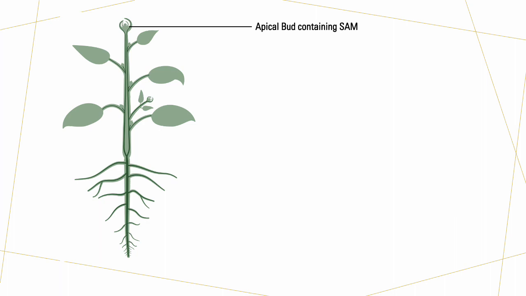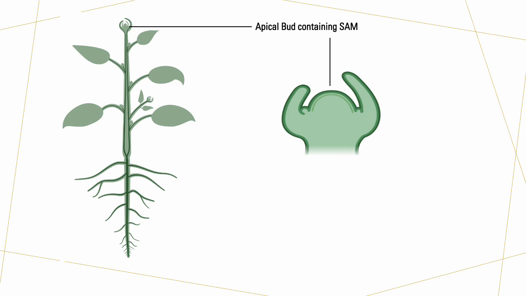SAM is the short form for shoot apical meristem. Within the SAM, this green structure which has emerged is an enlarged view of the SAM. The topmost part of the plant represented in the left hand corner is basically an apical bud. Within the apical bud is present the SAM. So this is an enlarged view of the SAM, or the shoot apical meristem.